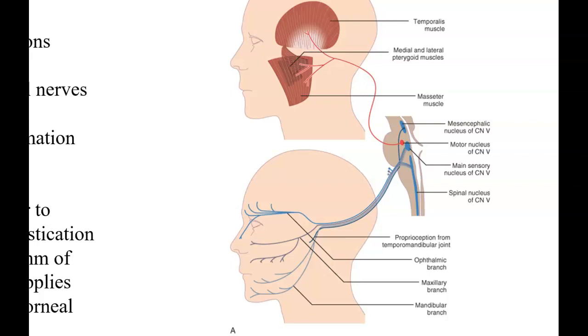So the sensory information that it carries is from the face. It's also carrying somatic motor information to the muscles of mastication, the chewing muscles. It supplies one muscle of the middle ear, and it also supplies afferent, which is that sensory piece, for the corneal reflex, right?